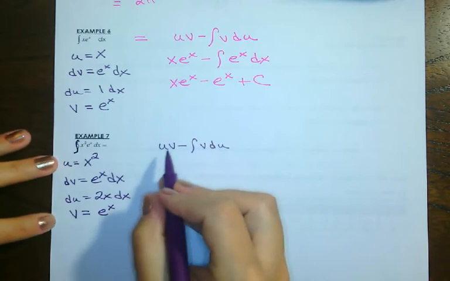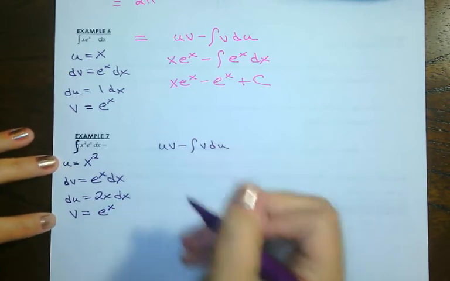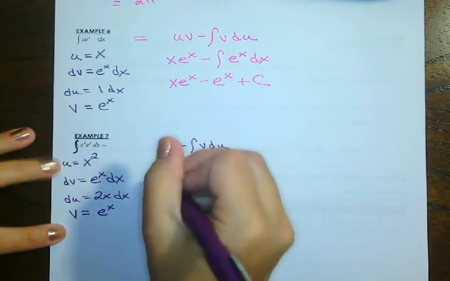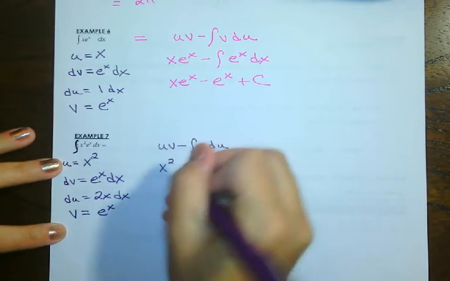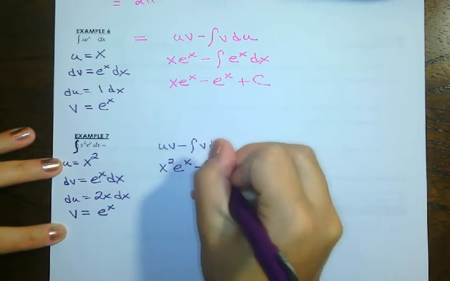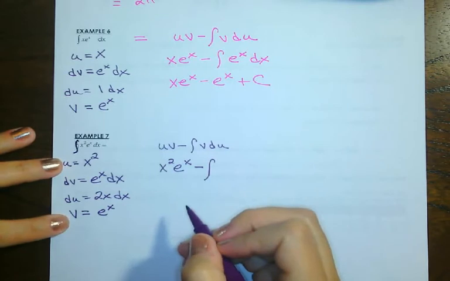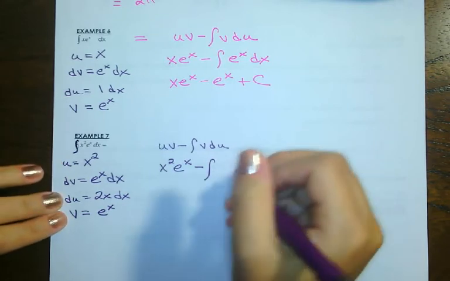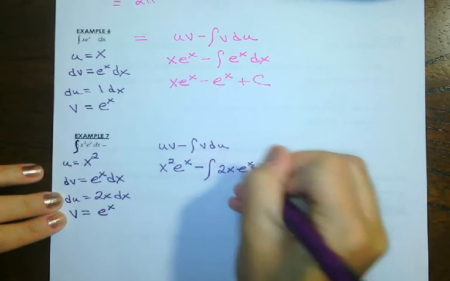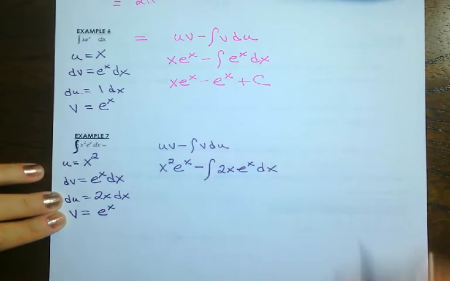So I go and I plunk these in. So you get u and v, okay? So you have x squared e to the x, no problem, minus the integral of v du. So I'll write it as 2x e to the x dx. Okay?